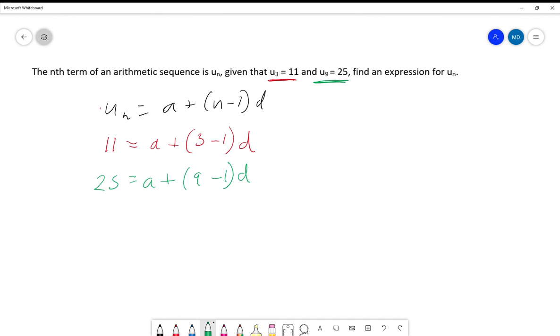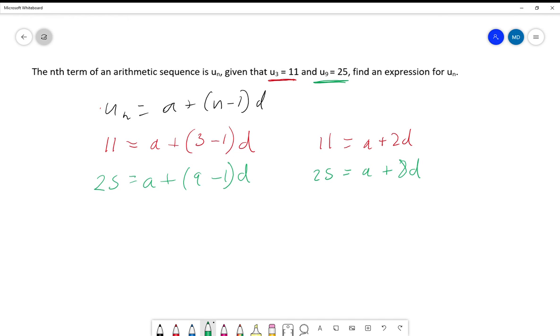And doing a little bit of simplification, we get 11 equals a plus 2d. Here we get 25 is equal to a plus 8d. And now we've just got a case of simultaneous equations.